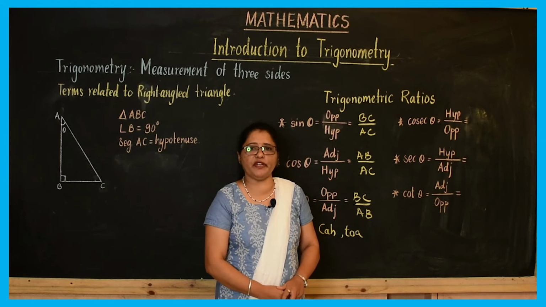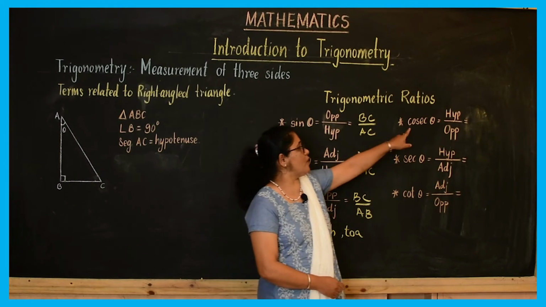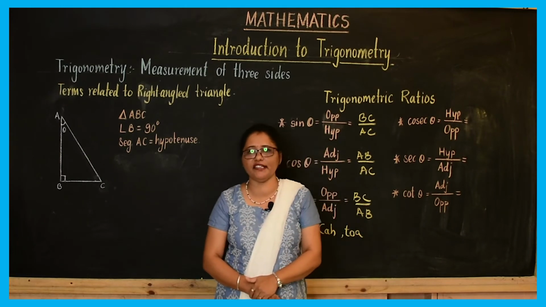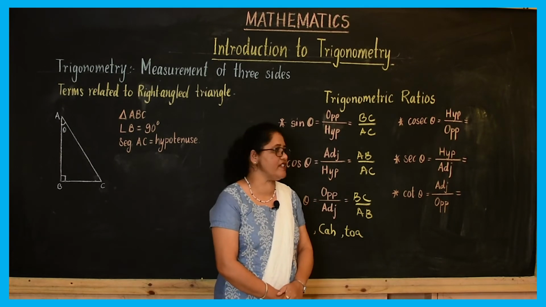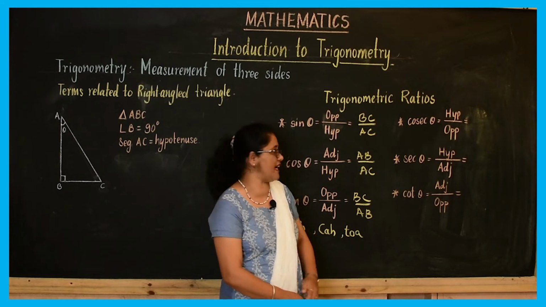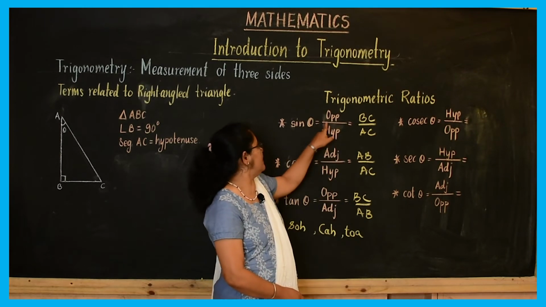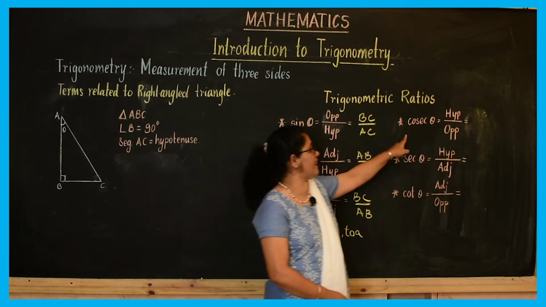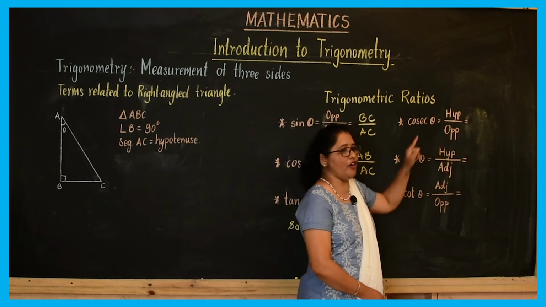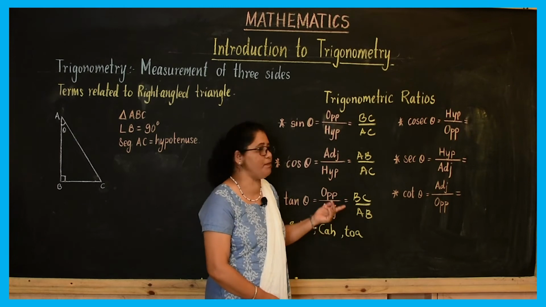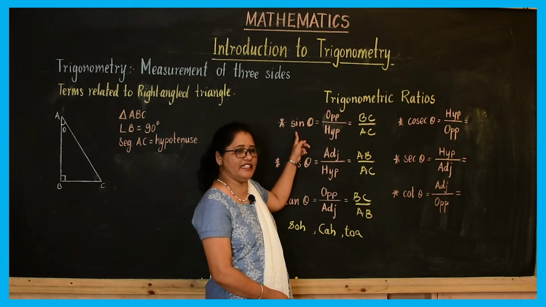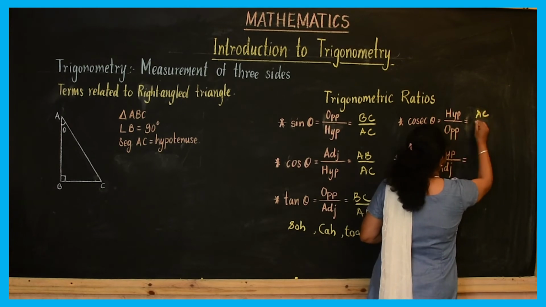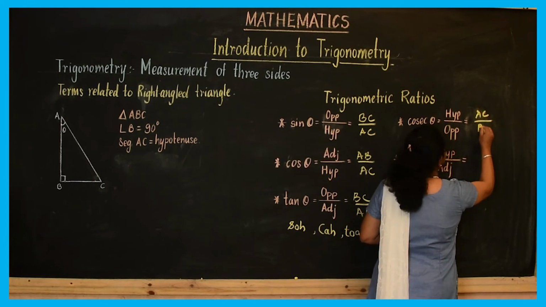The next trigonometric ratio is cosec of an angle theta. Cosec of an angle theta is given by hypotenuse upon the opposite side. You can see here sin theta is opposite upon hypotenuse, then cosec is hypotenuse upon opposite. So it is the reciprocal of sin theta, which here is AC upon BC.